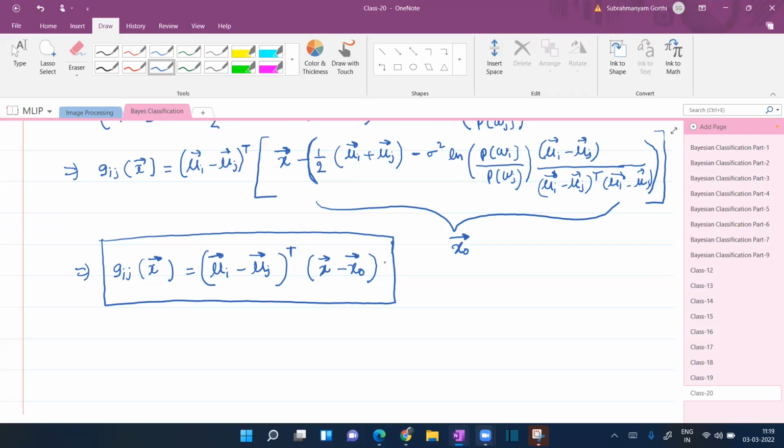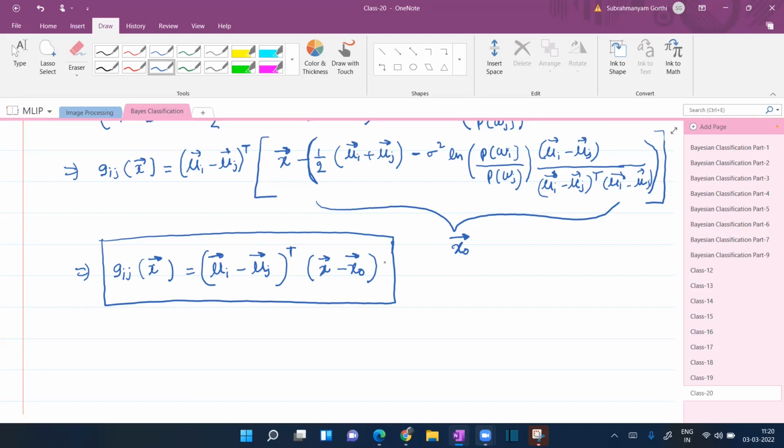So now if it is 0, that gives you points at the plane. If you make Gij of x 0, you will get the decision plane. If the value you get for a given x bar is greater than 0, that belongs to the ith class, and less than 0 would belong to the jth class.